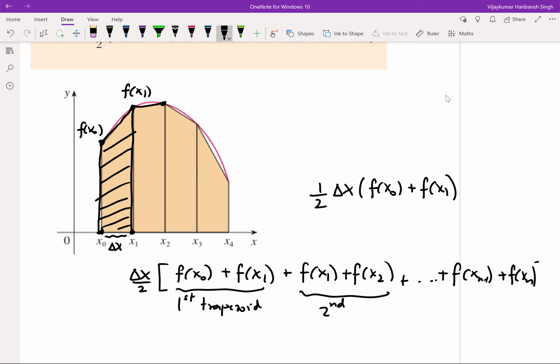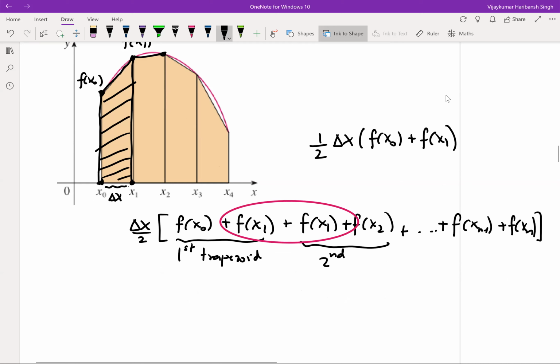And you see everything in between gets doubled, right? And the side ones are exactly once. So therefore, the trapezoid rule gives us the overall area as delta x divided by 2 times what?